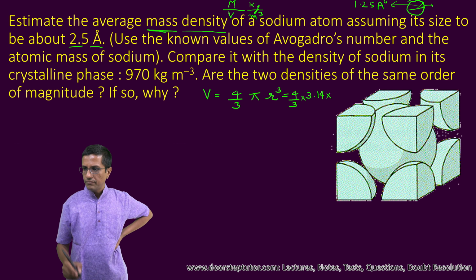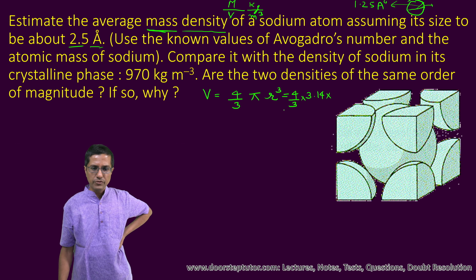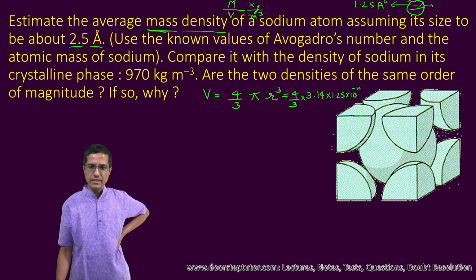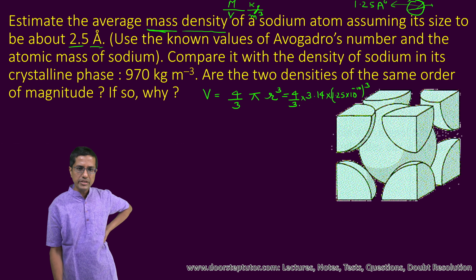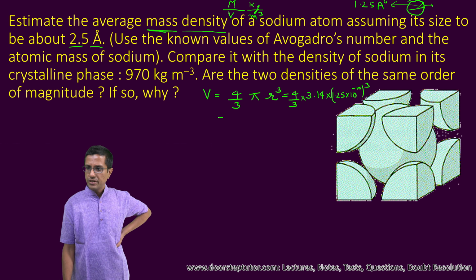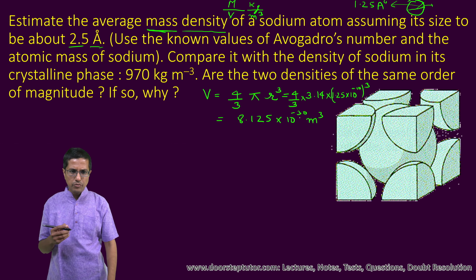R for us is 1.25 angstroms, so we'll straight away convert this into meters, and this will be 1.25 into 10 to the power of minus 10, the whole cube. So that is the volume of our sphere. If you compute this entire number, this comes out to be approximately 8.125 into 10 to the power of minus 30 meter cube. So we were able to calculate the volume.